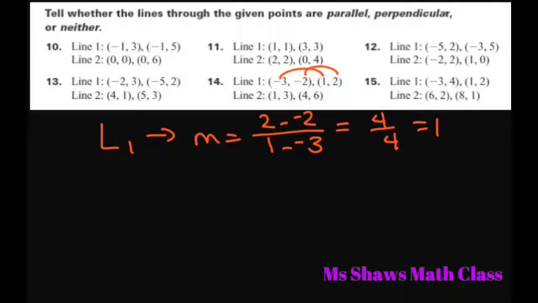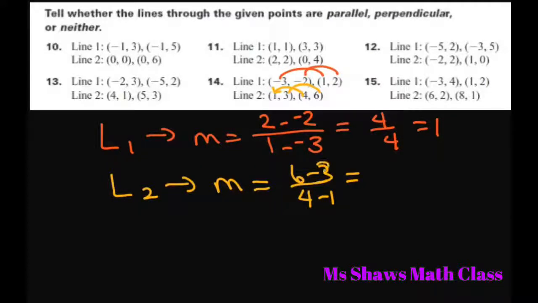And then line 2, the slope's going to be 6 minus 3 and 4 minus 1. So 6 minus 3 is 3, 4 minus 1 is 3, and that gives you 1. Since they're the same slope, that means they are parallel.